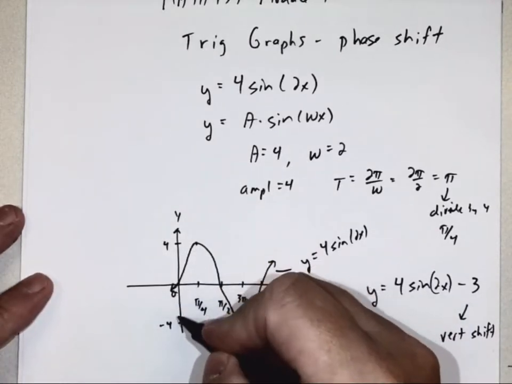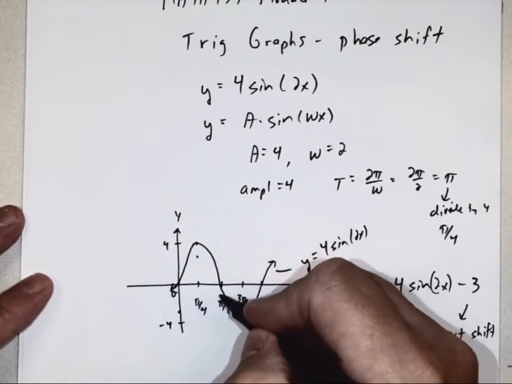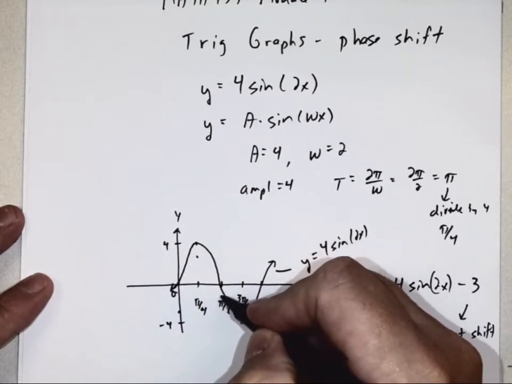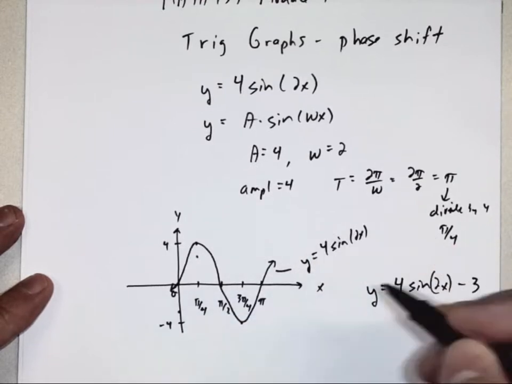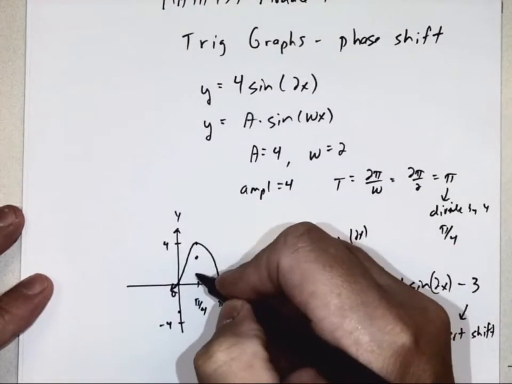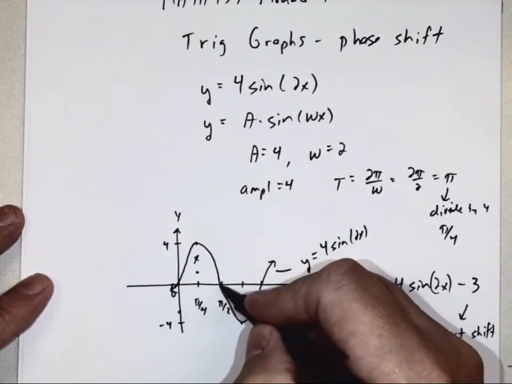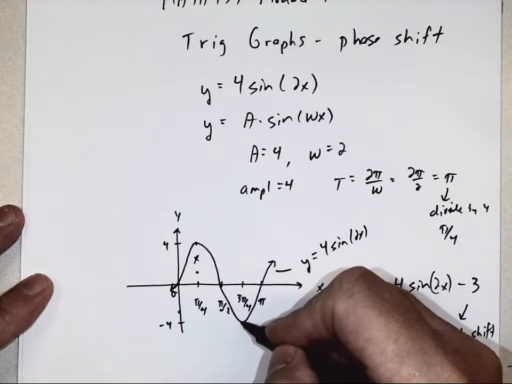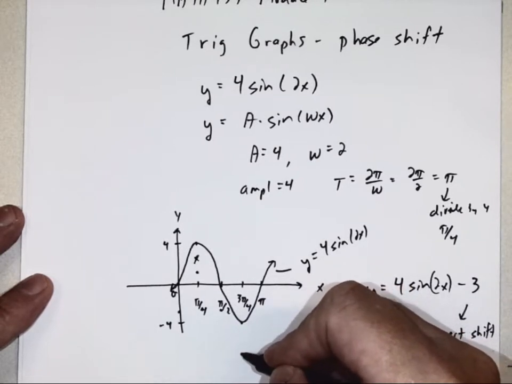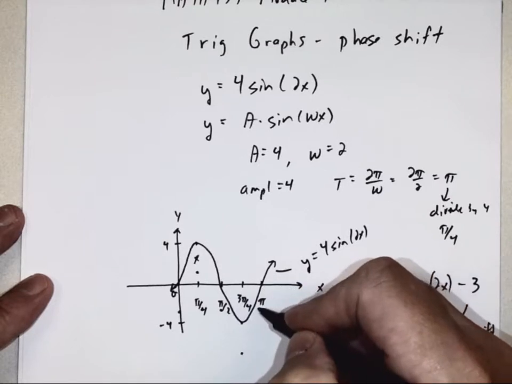So it's almost like this point goes to here, this point goes here, this point goes, oh, move it down 3, sorry. This point goes here. This point goes here. This point goes down to here. This point goes to here.